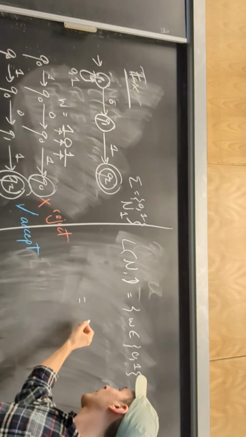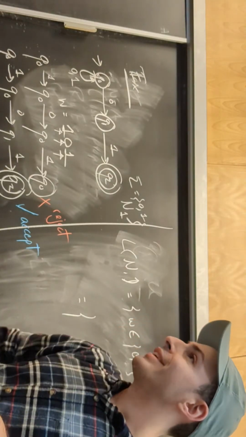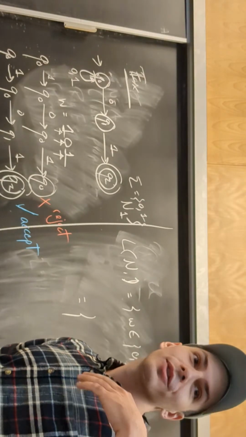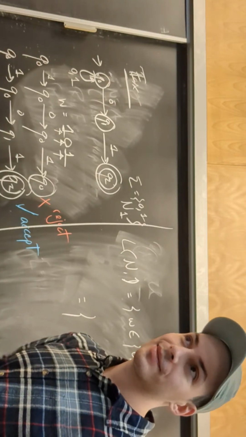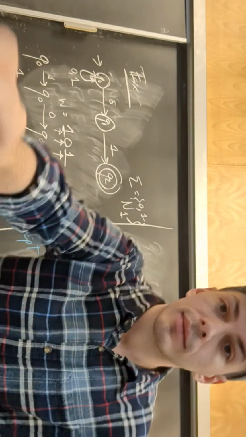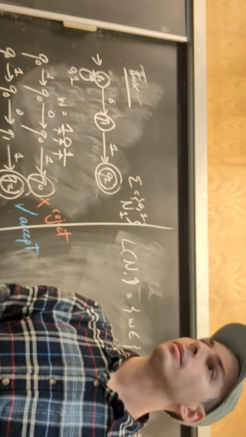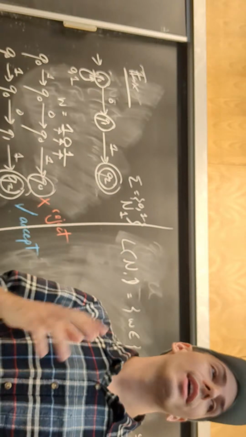So what do we think is happening? What is L of N1 accepting in terms of a language? Let me give you 30 seconds to think. Okay, I've counted to 30 in my head.